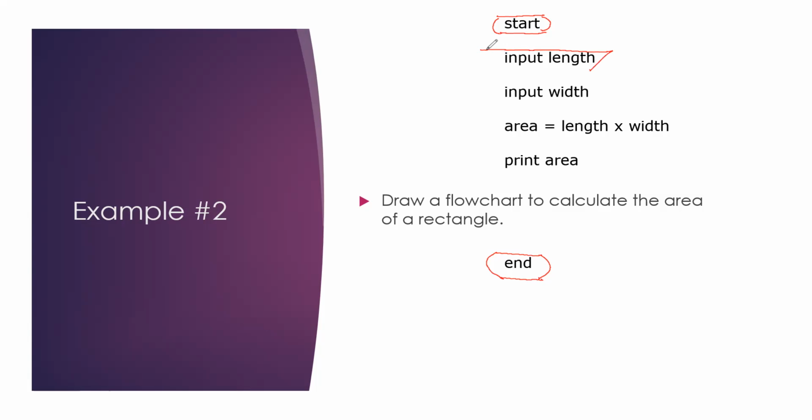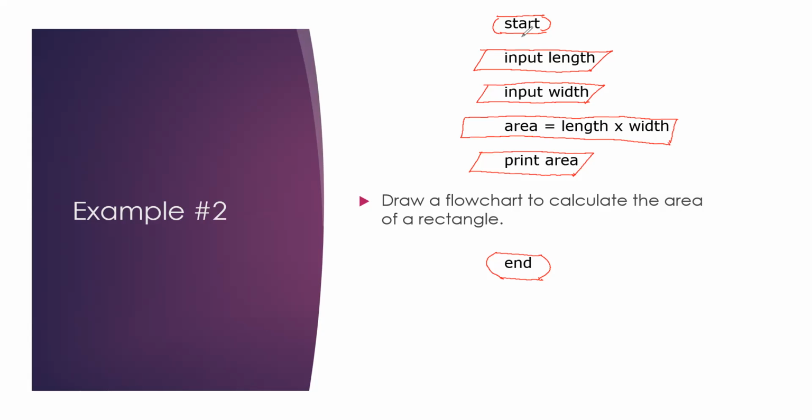So we can have like this, and also like this. Output here also like this. And this one is a process. We discussed that it's a calculation. Calculations, manipulations, we consider as a process.